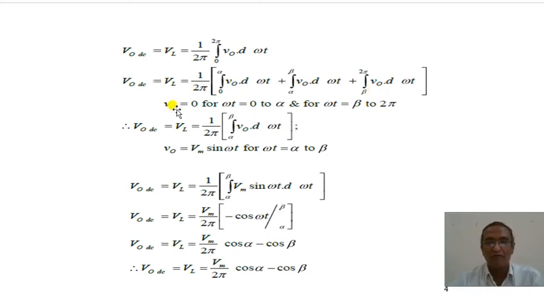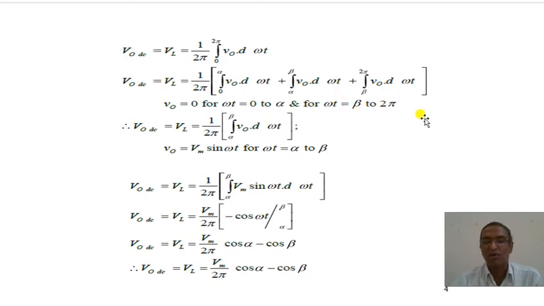V0 is 0 for omega t from 0 to alpha. When 0 to alpha applies, the thyristor will not conduct, so no voltage flows in this circuit. That's why this term becomes 0. When alpha to beta applies, the thyristor starts to conduct, and V0 d omega t is the output voltage. Beta to 2 pi is also 0.